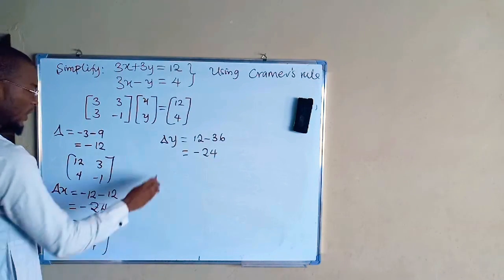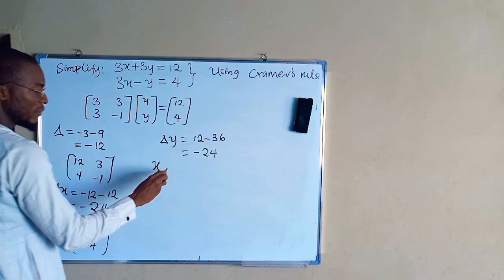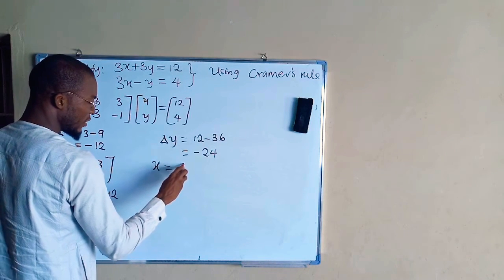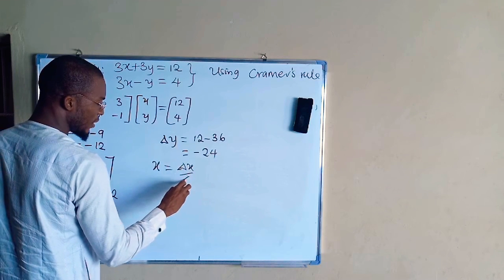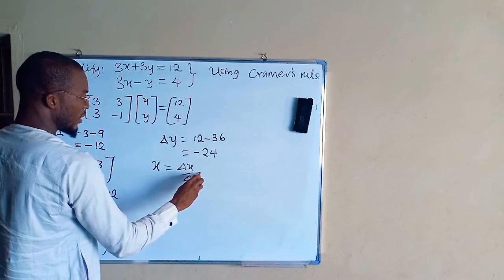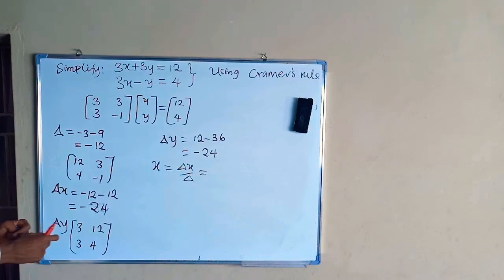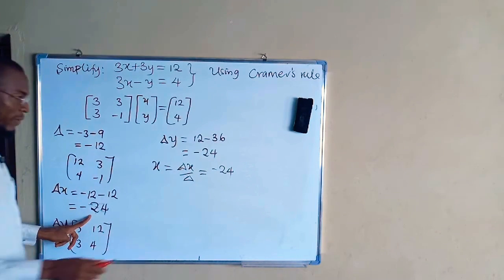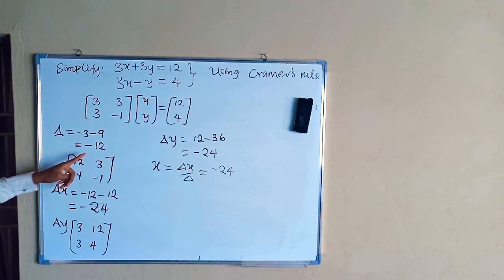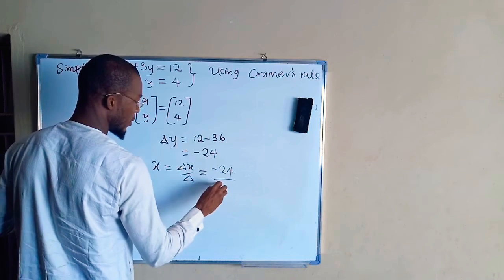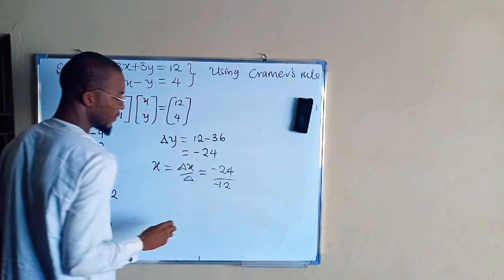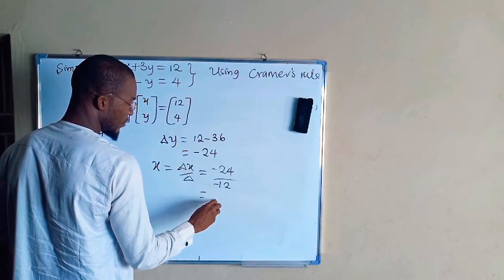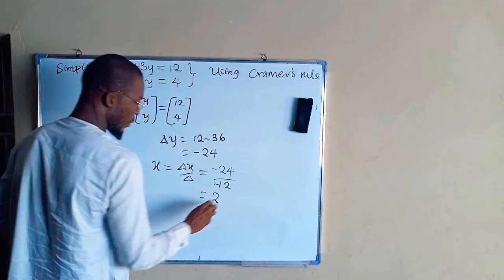Then the value of x is equal to delta x divided by delta, and this is the same thing as substituting back the terms. Delta x is -24, and delta is -12. And this gives us +2.